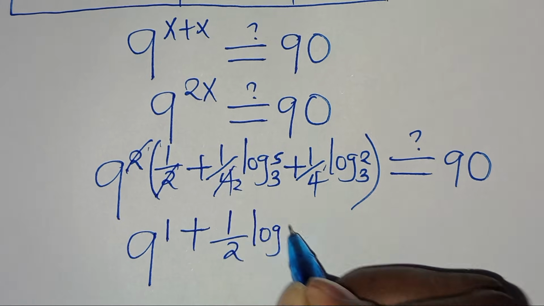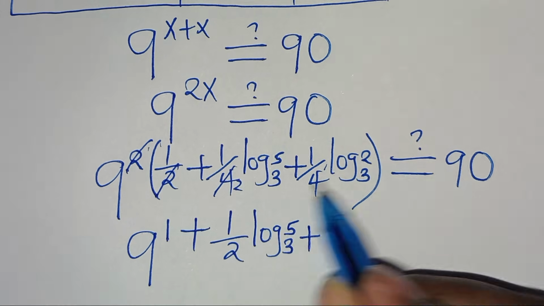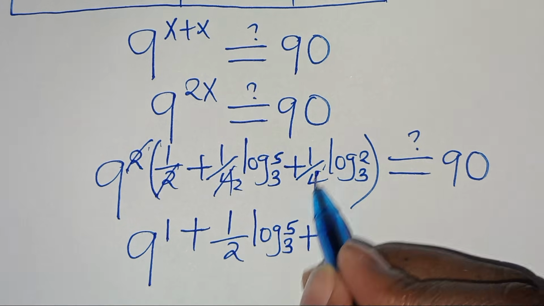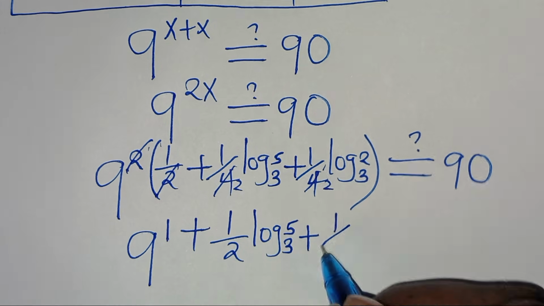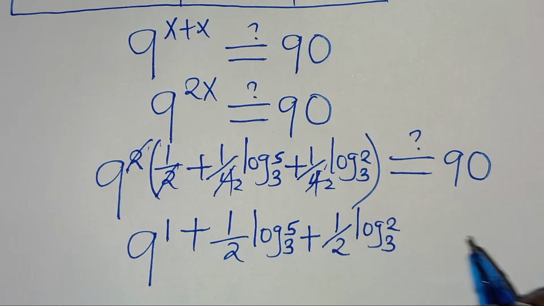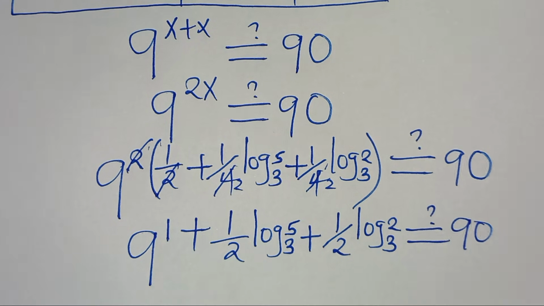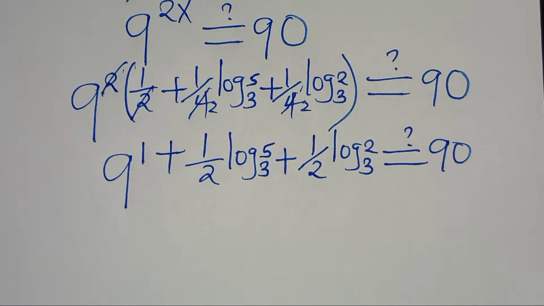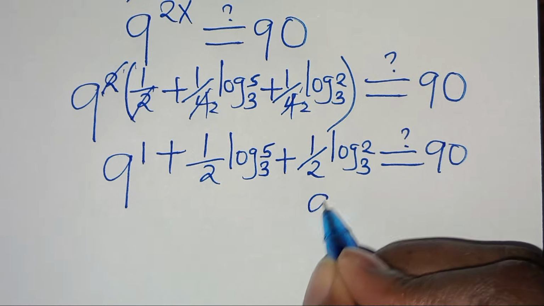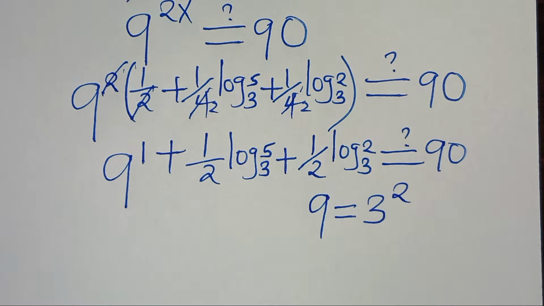This is log 5 to base 3. Then plus, now, 4 divided by 2 here, this is 2. So we have a half. This is log 2 to base 3. This is supposed to give us a value of 90. The next step is that we can express 9 as the same thing as 3 to the power of 2.